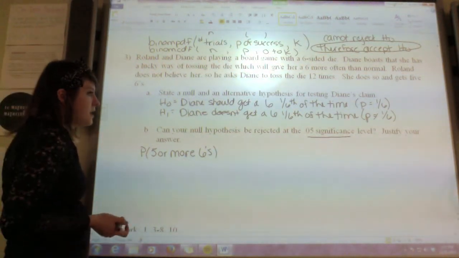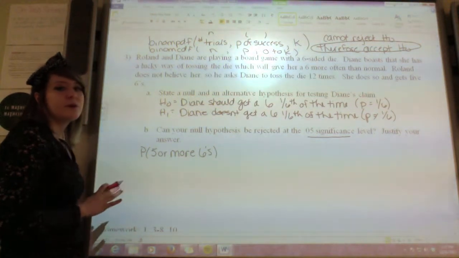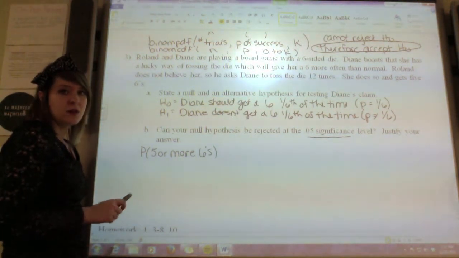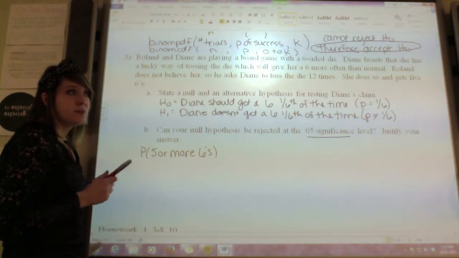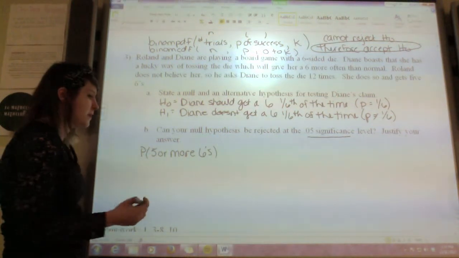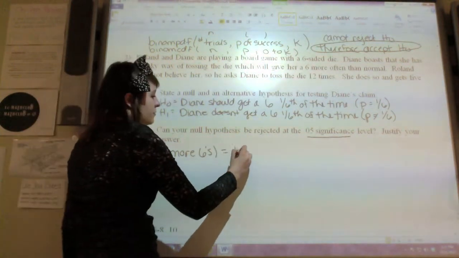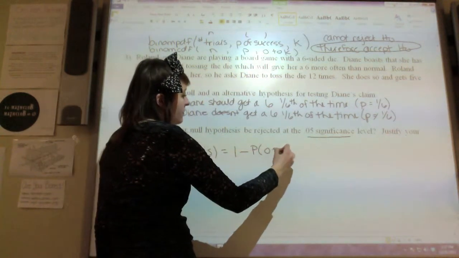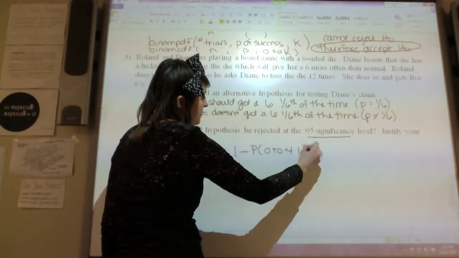Now I don't want to go through and calculate each of those using my binomial PDF. So I'm going to calculate this using my CDF, but I'm going to calculate the complement because I want 0 through something. So this is equal to 1 minus the probability of 0 to 4 6s.